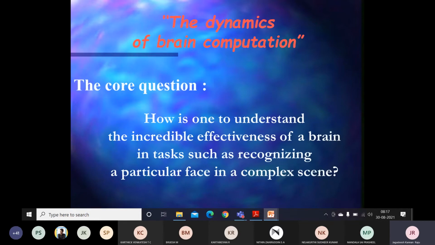So the core question here with respect to the dynamics of brain computation is: how is one to understand the incredible effectiveness of a brain in tasks such as recognizing a particular face in a complex scene? For example, you are entering a particular environment, a particular area or location, for example a mall or a beach or a shopping complex or a festival location.